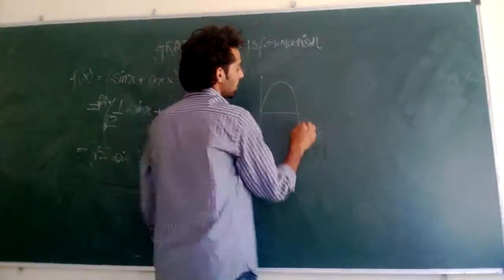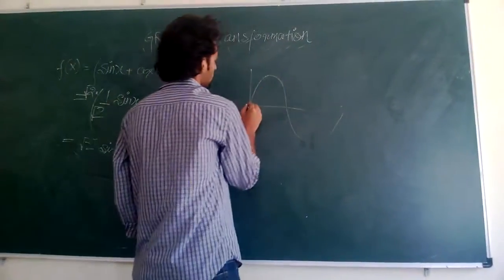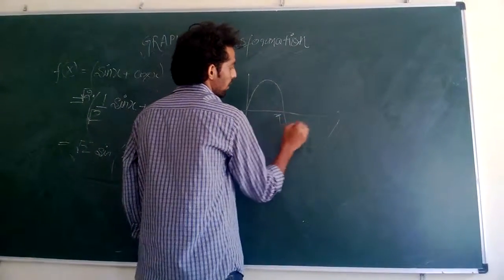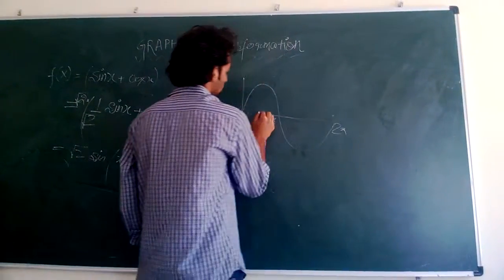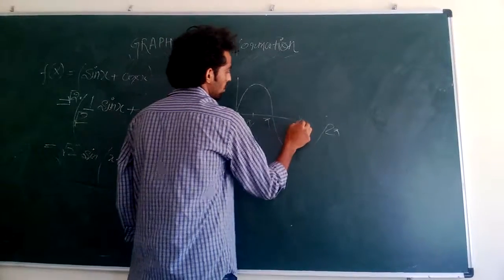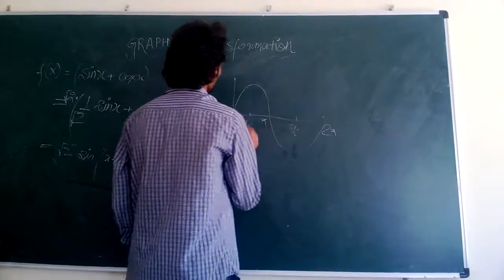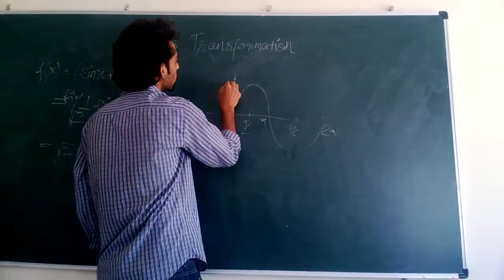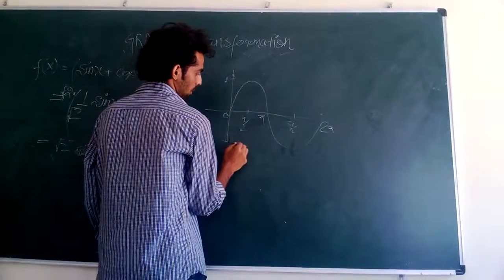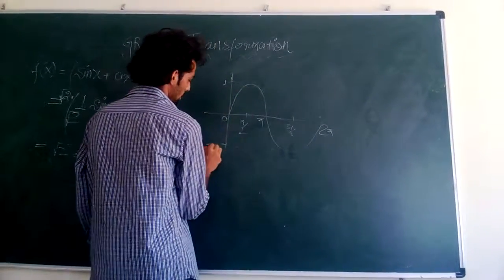Like the graph of sin x is like this. This term being 0, pi, 2 pi, this one is pi by 2, this one is 3 pi by 2. And this value is 1 here, minus 1 here.